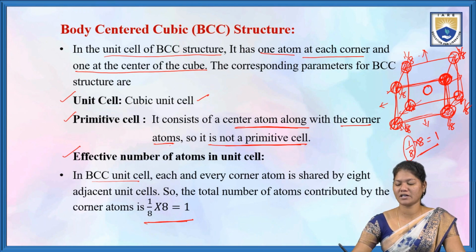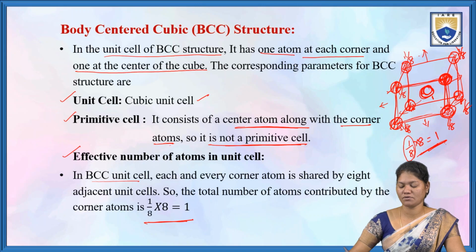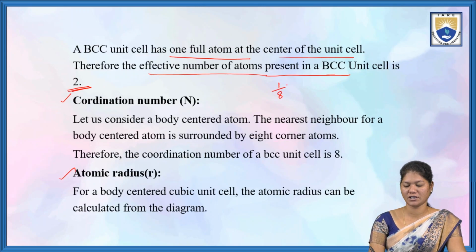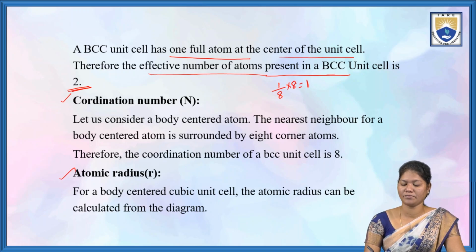So these are corner atoms. All these 8 corner atoms will give one atom, and along with that, in the middle we have one more atom. So we are getting 1 by 8 into 8, each corner atom having a 1 by 8 share.